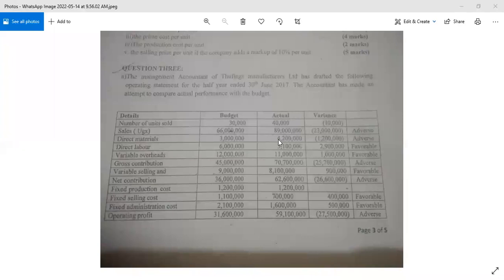Okay, so I was saying, the first thing you look at is the level of activity. Now, I remember the last discussion I told you, you can't compare two ladies where one is short and one is tall, if you want to make a right comparison. It won't work out. So it's the same thing with budgets.